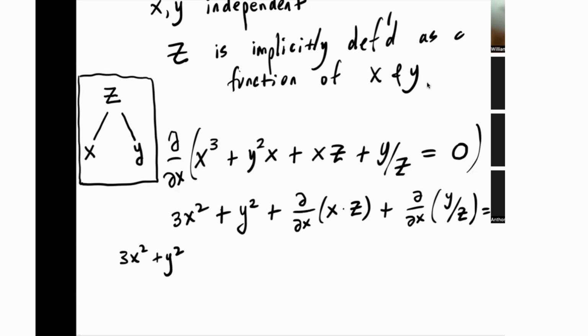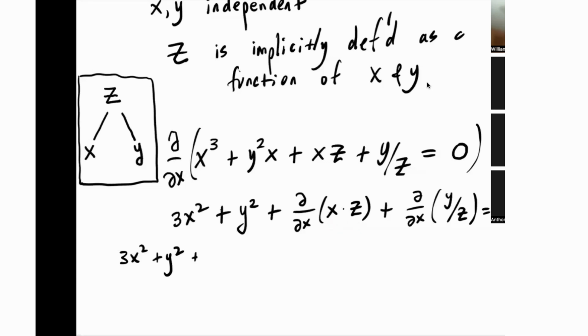Now let's look at this term here. We're taking a derivative with respect to x, and this is a product of two functions, both of which depend on x. So x depends on itself, and z is a function that depends on x. So we just use the product rule here.